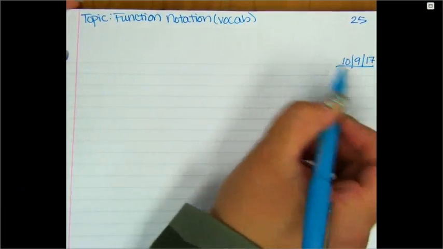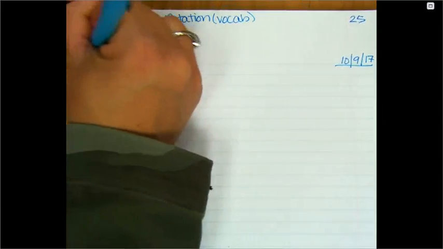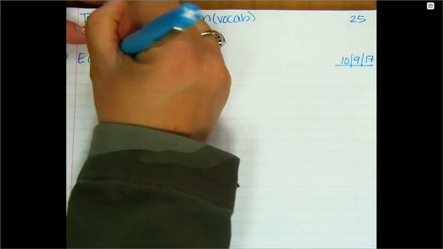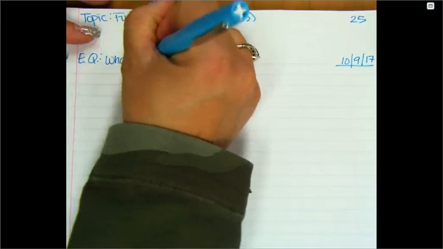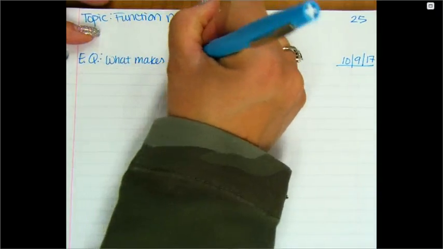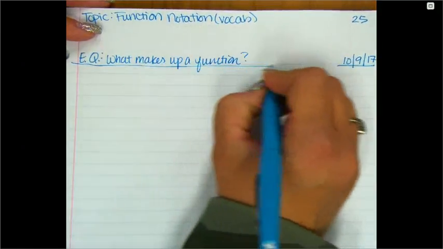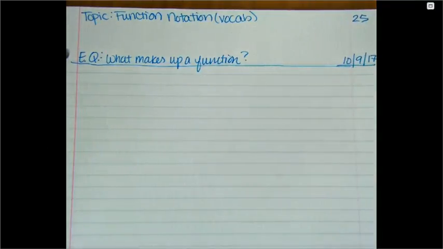And you should have a date. An essential question should be next. Some of you guys can't even do those things. All right, our essential question is what makes up a function?